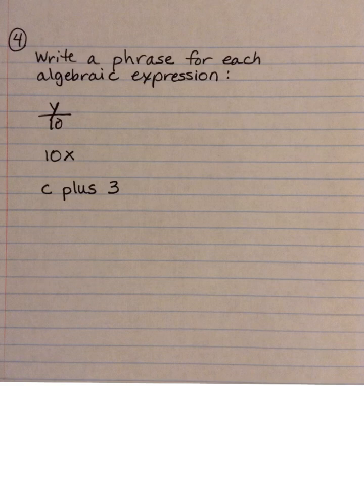Okay, in box number 4, we're going to go the other way, and this time we're going to write the words or the phrase for each algebraic expression. So y over 10 basically means y divided by 10. So we would put y first because it's the numerator. y divided by 10. For 10x, that would mean 10 times x or 10 multiplied by x.